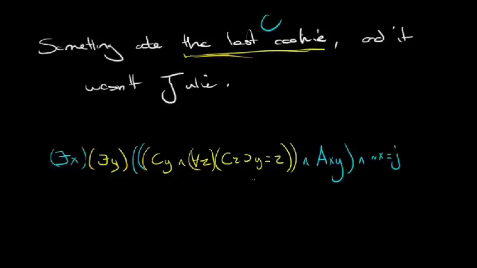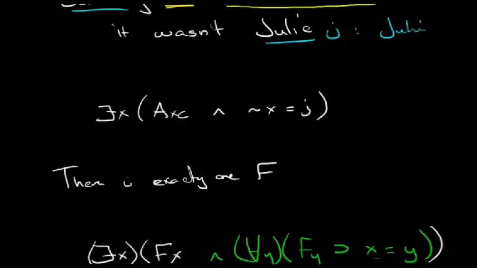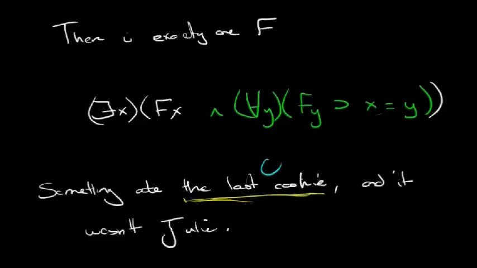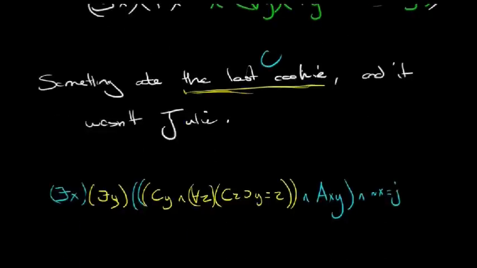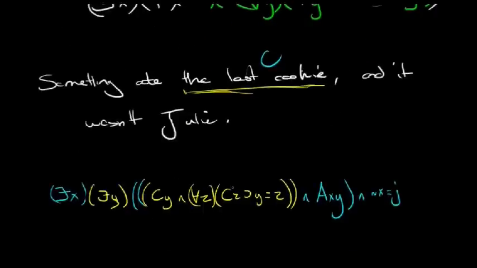So there we've implanted that there is one and only one thing which has this property, right? We want to say that there's just one thing which is the last cookie. So we've slotted in this structure that we had here into this here, and then we've kept the structure that we had before.